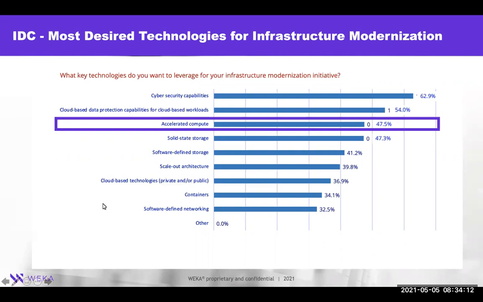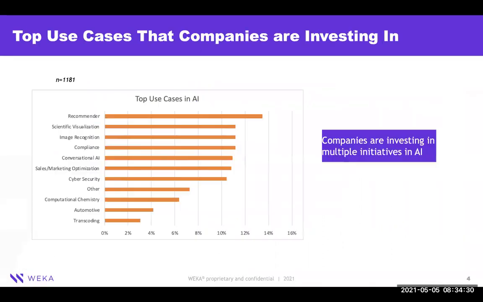Additional technologies that are desired to be innovated on are, for example, solid state storage environments, scale out environments, and cloud technologies. Not surprising, but complementary to the accelerator workloads.